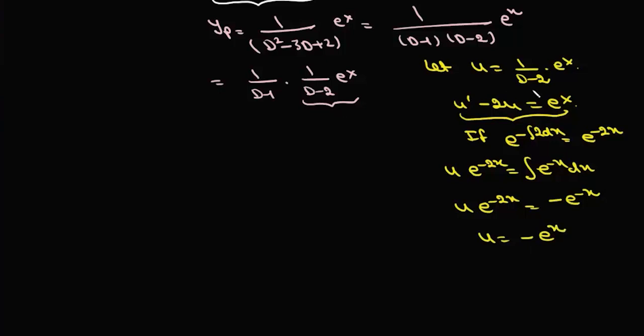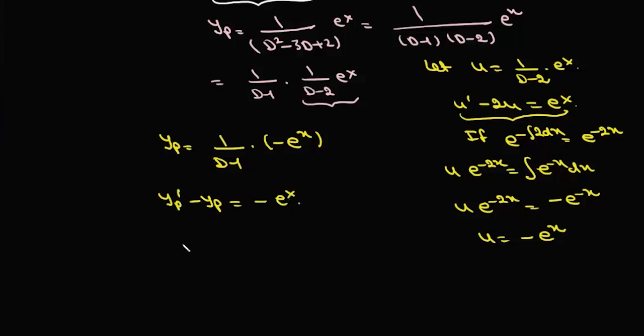Now we'll put the value of u here. So this yp will be 1 upon D minus 1, and this is minus e to the power x. Now we can write yp dash minus yp equals minus e to the power x.